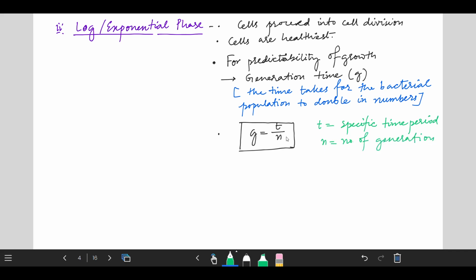Now, to calculate the generation time, we need to get the value of N, the number of generations. So how will we get the number of generations?